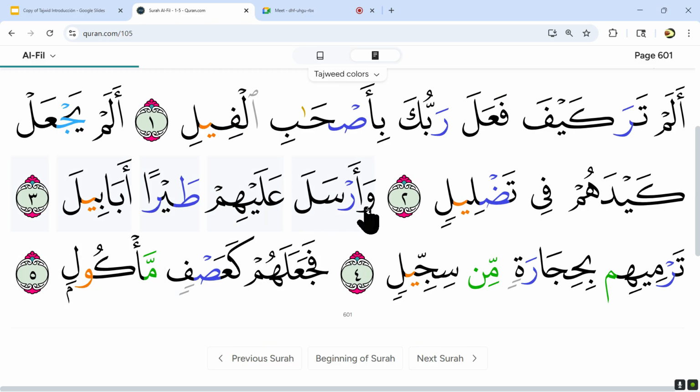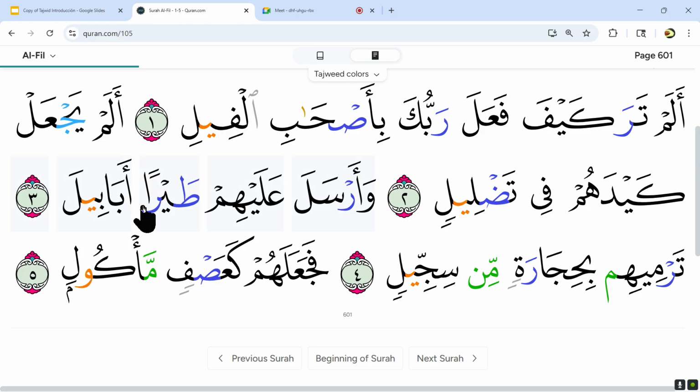Try to recite from here. Okay, give me one second. Let me just make sure. وأرسل عليهم طيرا أبابيل. Which rule is the hamza after tanween?